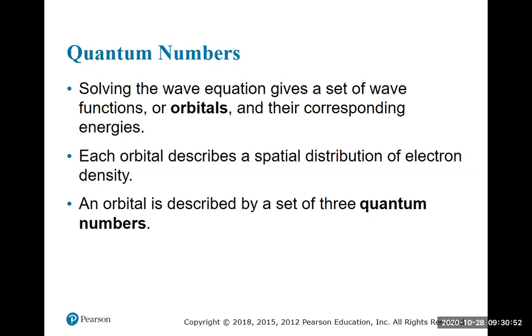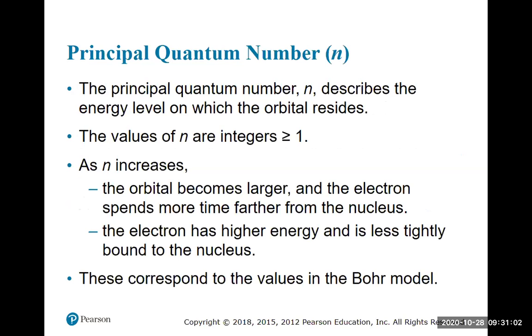And so there are 3 quantum numbers that describe the shape and the size and location and all that stuff. Let's talk about those again. So we had our principal quantum number, which is n, and n values are integers greater than or equal to 1.